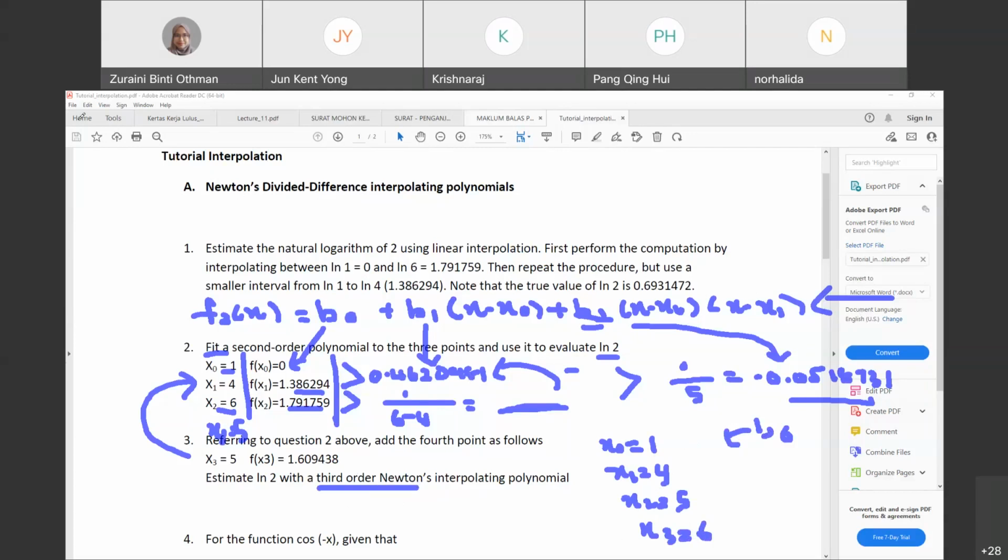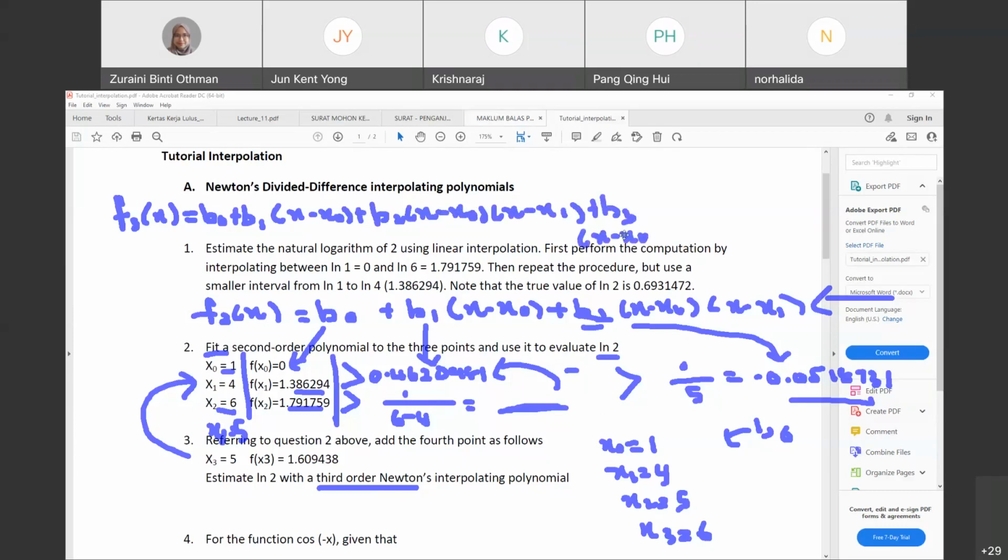Okey, kalau B3 dia punya general form kita tulis dulu. Yang ni saya tak buat, but you can do by yourself. But this is the general form dari B0 plus B1 X tolak X0 plus B2 X tolak X0 X tolak X1 and plus B3 X tolak X0.